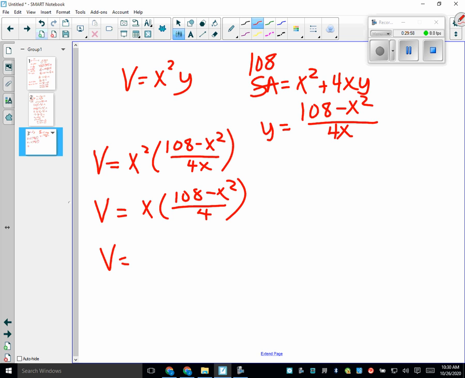Because I'm going to simplify that before I take the derivative. 27x minus x cubed over 4.